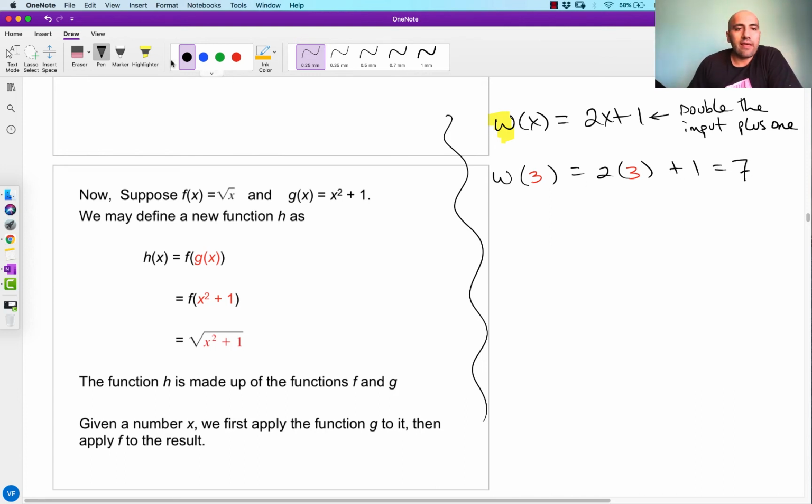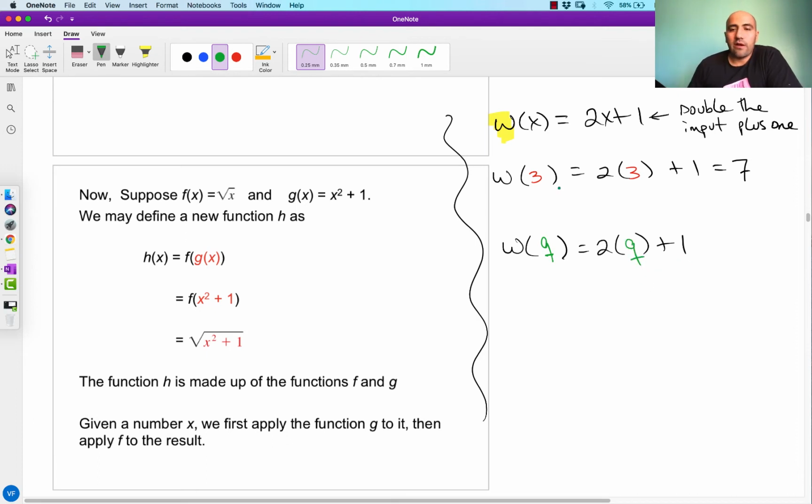Okay, we can also evaluate that function at another letter, as we later learned. So we can evaluate w at the letter, I don't know, how about q? Right? So then all we'd have to do is replace all those x's by a q. So this would be twice blank plus 1. And so we'd have this.